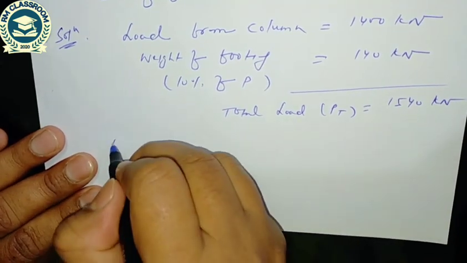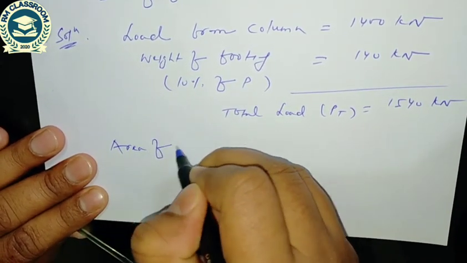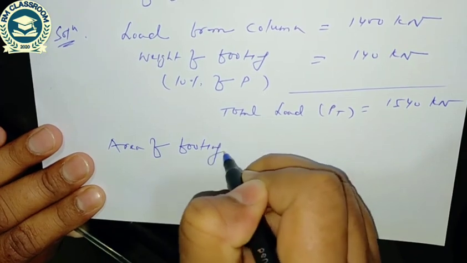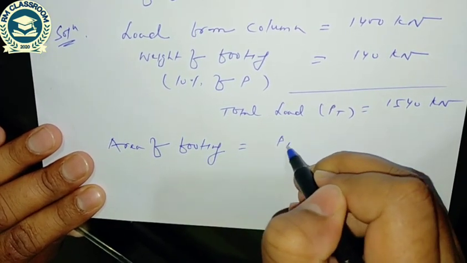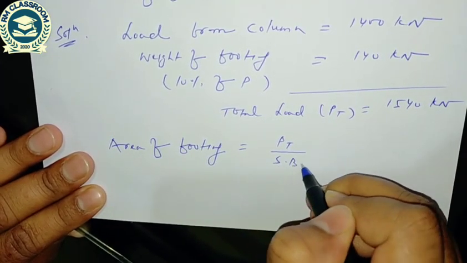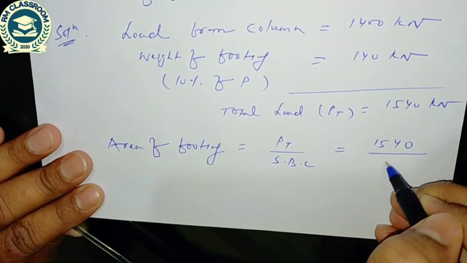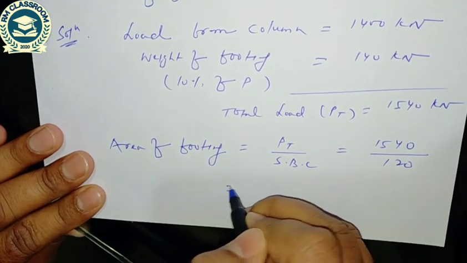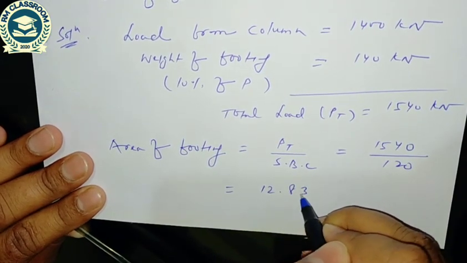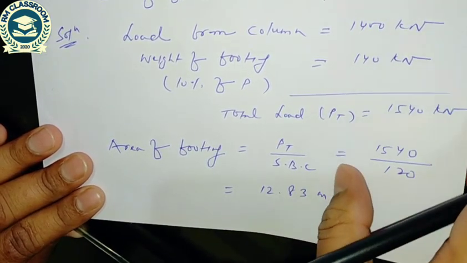So area of footing is equal to total load by safe bearing capacity, 1540 divided by safe bearing capacity 120. So area of footing is coming 12.83 meter square.